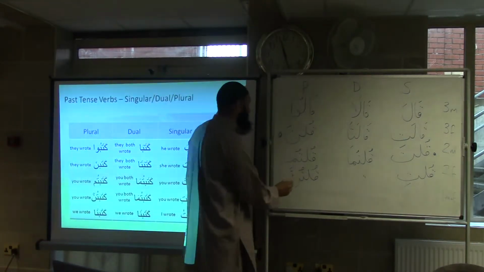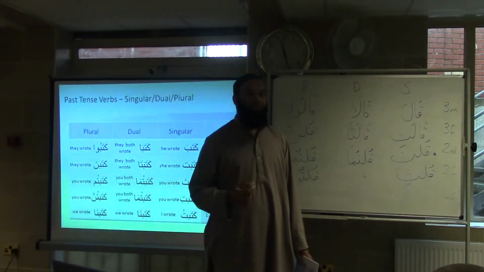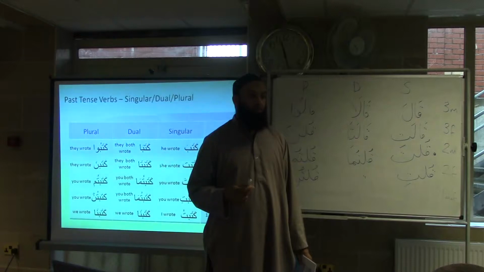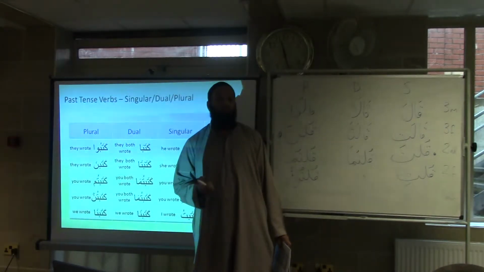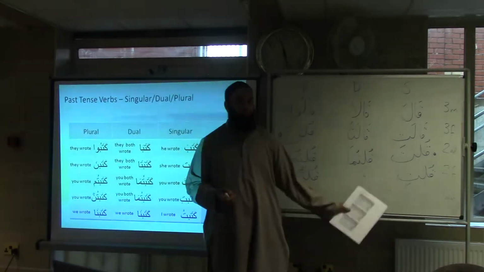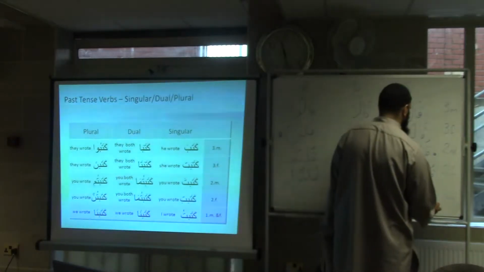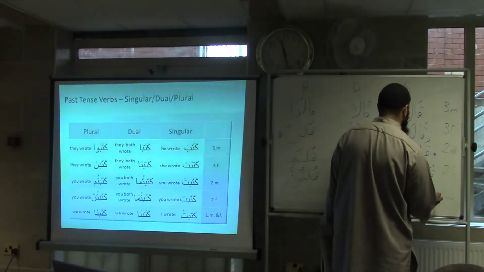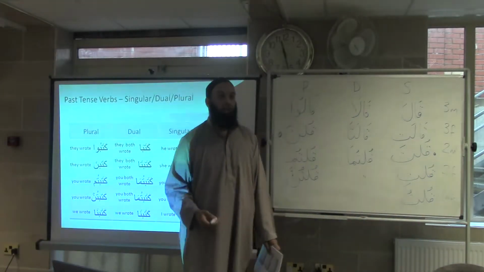Qultunna. Okay? So this is why it's irregular, because it doesn't follow the table precisely. It nearly does, but you have to change it slightly, and you need to know how to change the particular verb. Brothers, front row. Qultu. Qultu means I said.